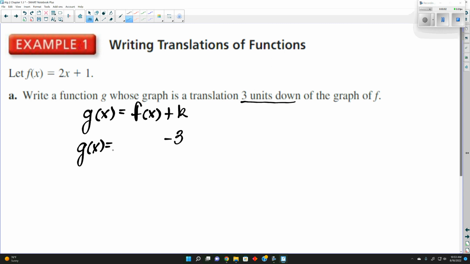So the value of k for this here is minus 3 because it's moving the whole function down 3. Now f of x is just our function. We haven't done anything to it, so it's still just f of x, which is 2x plus 1. So we can replace it with 2x plus 1 because we still just have f of x.